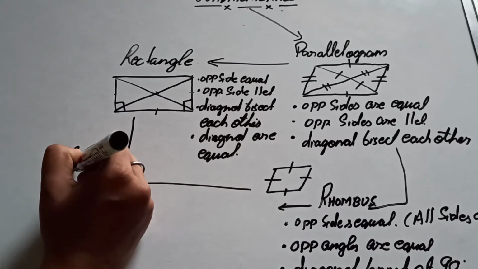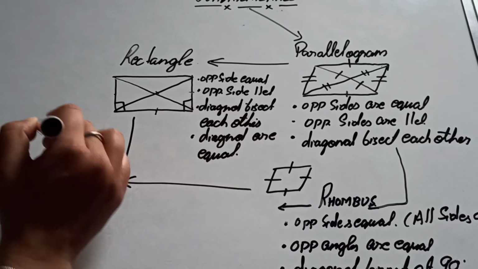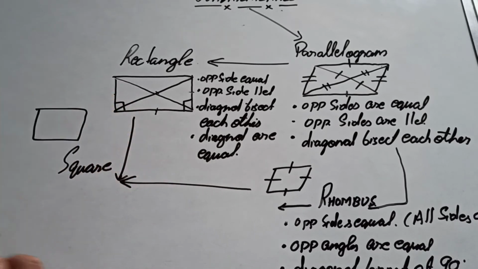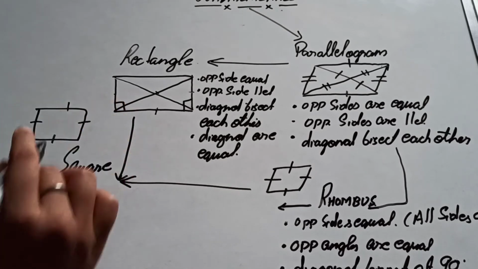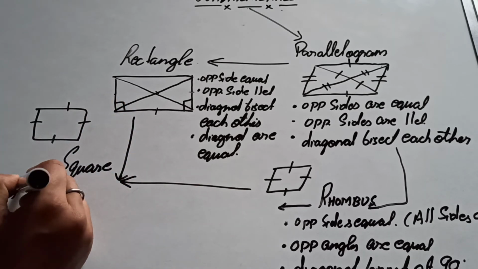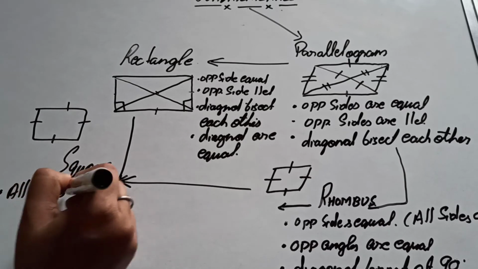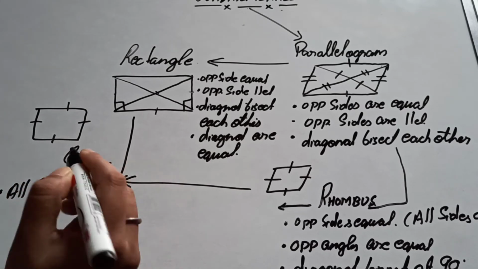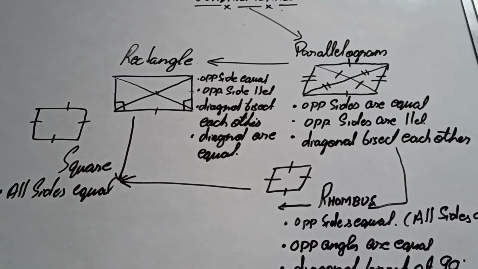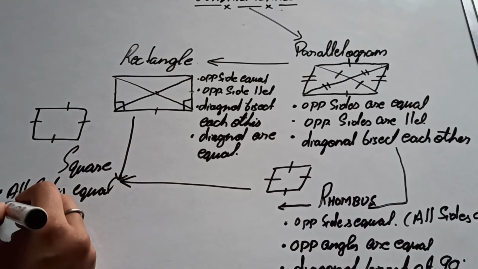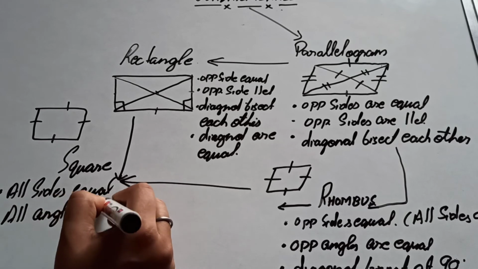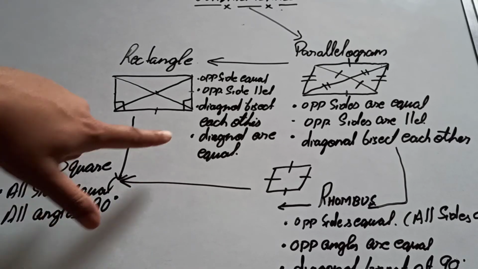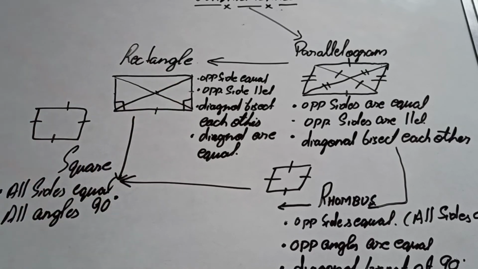How? Suppose this is a square. In a square all sides are equal, and all sides equal is a property of a rhombus. Second, all angles are 90 degrees, which is a property of a rectangle. It also holds that the diagonals of a square are equal.